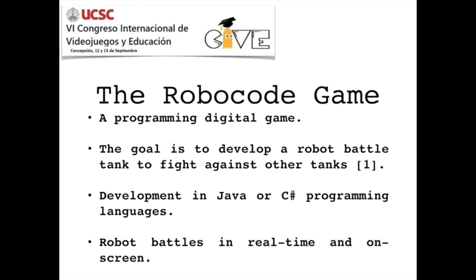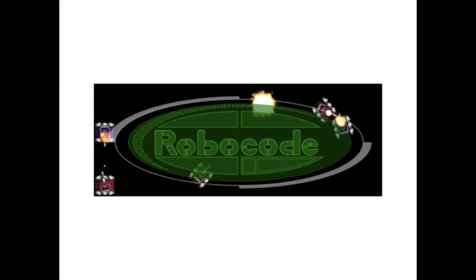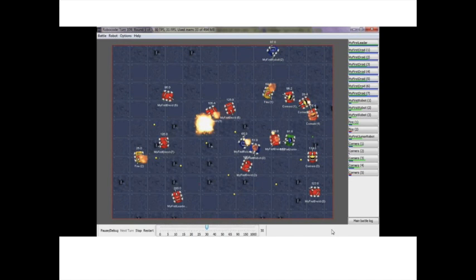The game allows robot battles in real time, and the students can see the battles on the screen. Here we have the RoboCode logo, and here we have a screenshot of the RoboCode game. It shows a battle of robots.